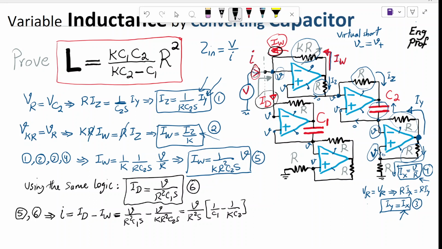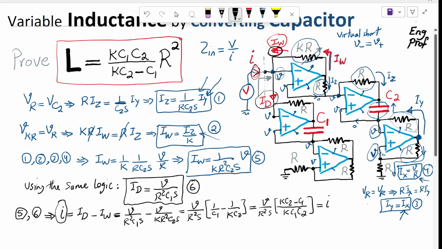Great. So I can simplify this: V over R squared S times (K C2 minus C1) divided by K C1 C2, and we are done, because this, as we found, is I.